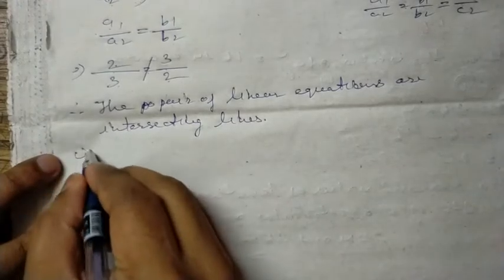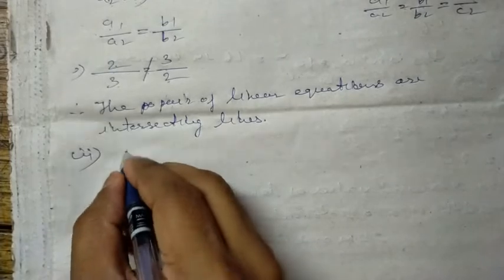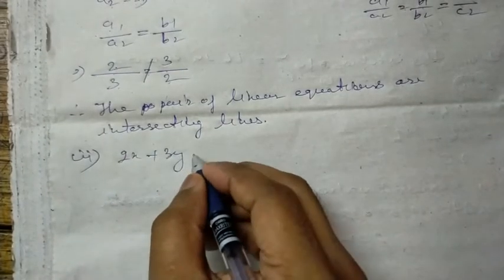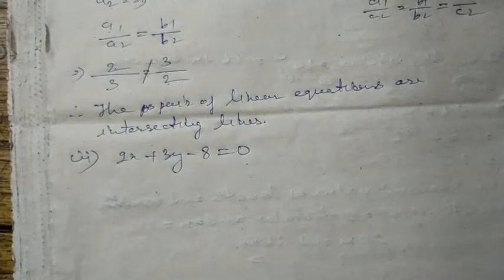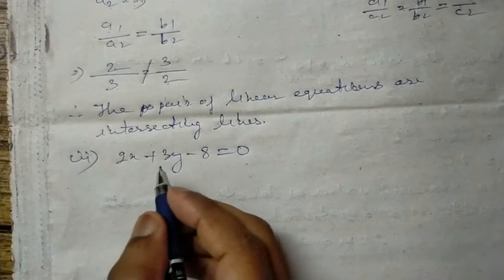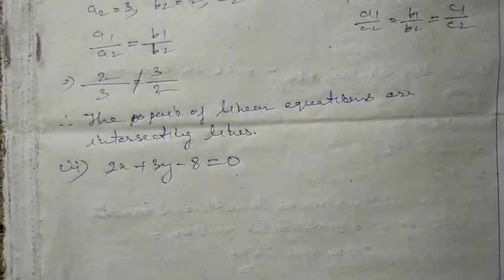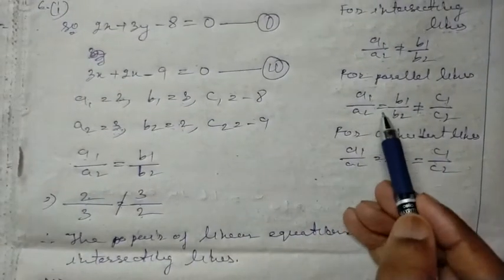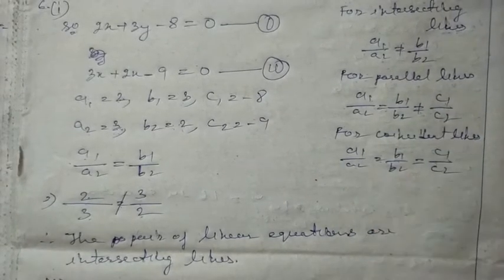For Roman number 2, the question is the same. We will write 2x + 3y - 8 = 0. For Roman number 2 we have parallel lines. For parallel lines, we have to see a1 by a2 equal to b1 by b2 not equal to c1 by c2.